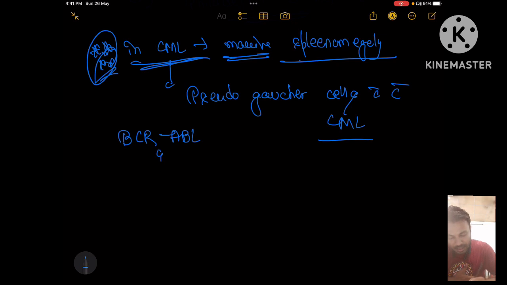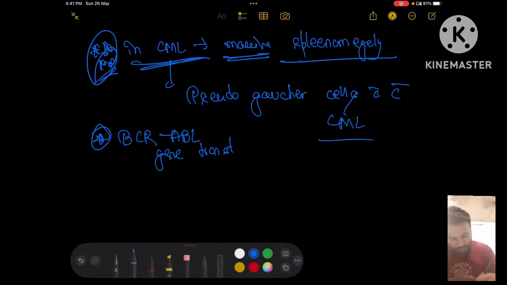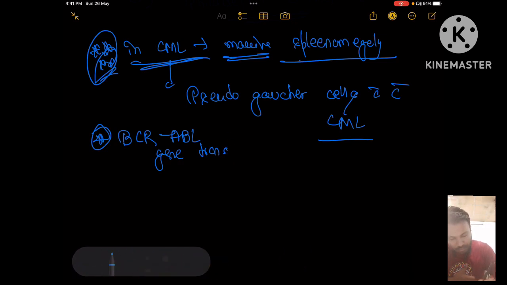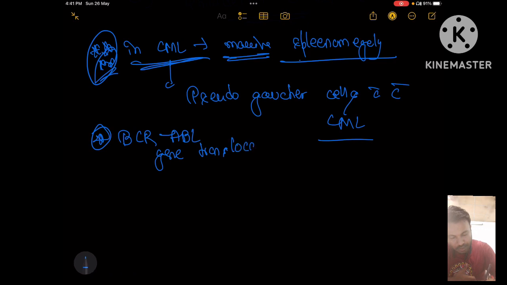BCR-ABL gene translocation. Translocation activates tyrosine kinase.